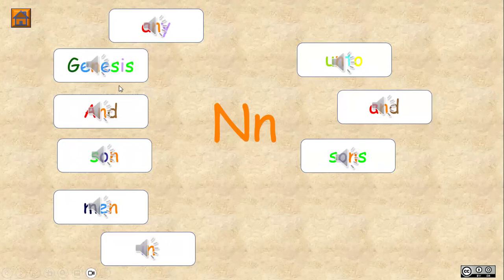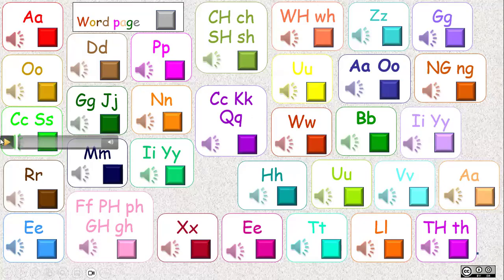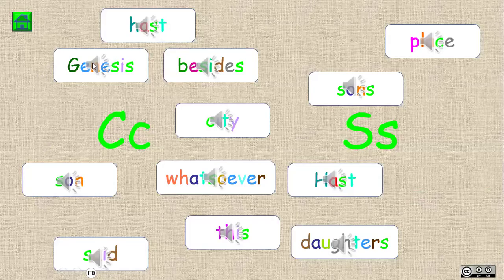Next sound we've already done, the blue E. It's going to sound the same. We'll go to the green S. It says S. Go to the page, and it says Genesis.